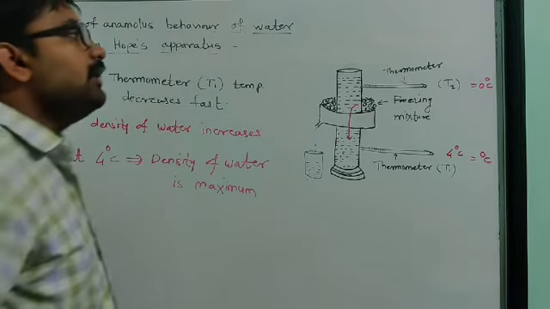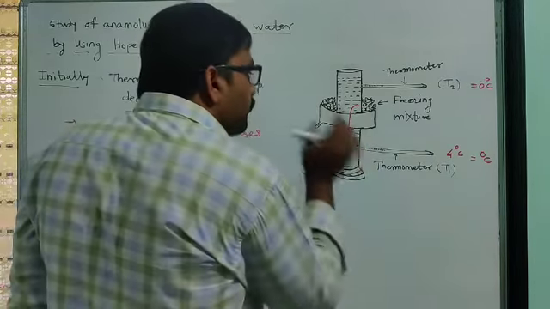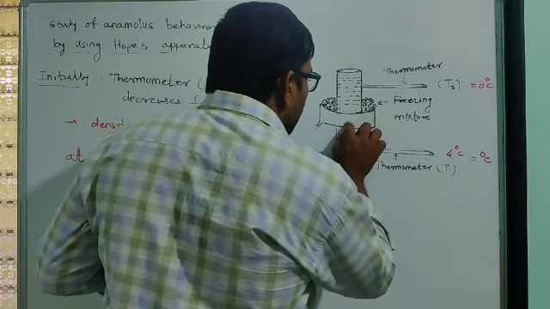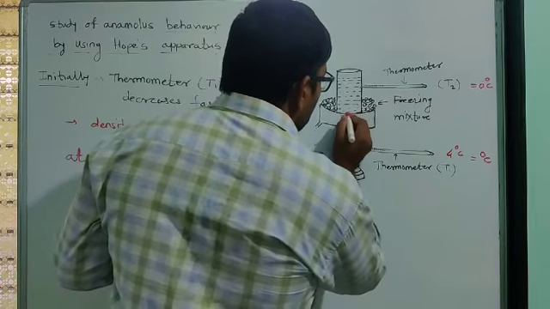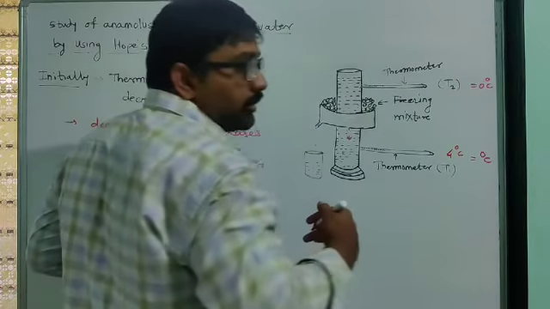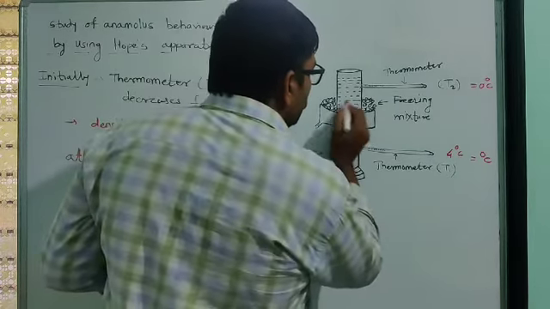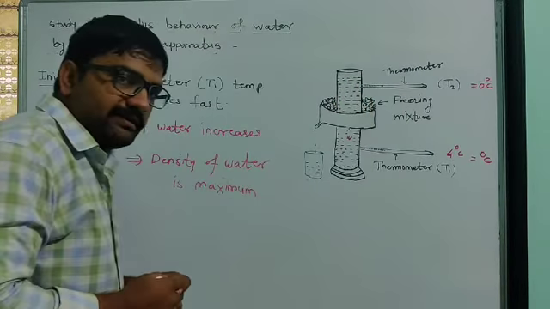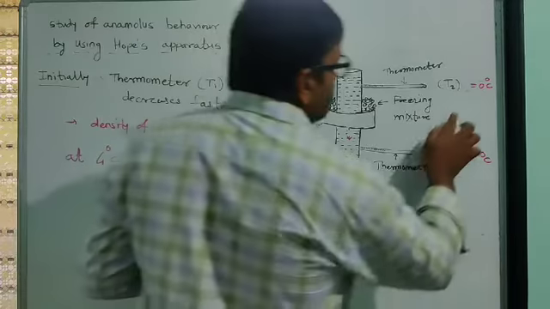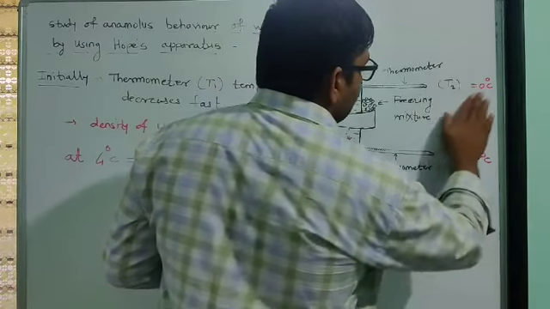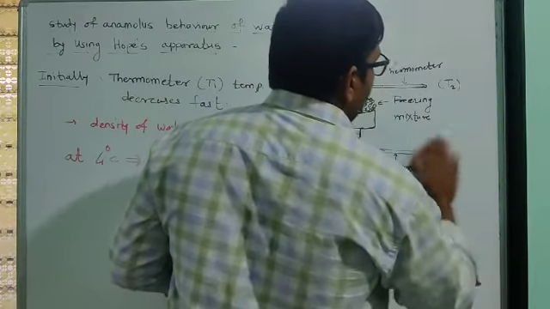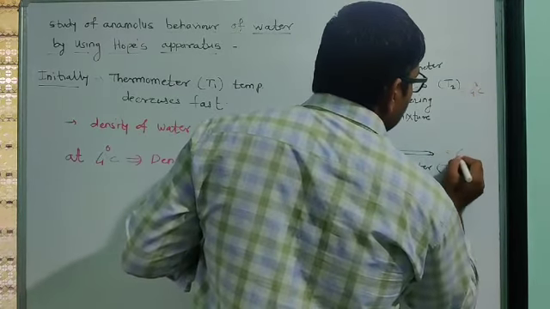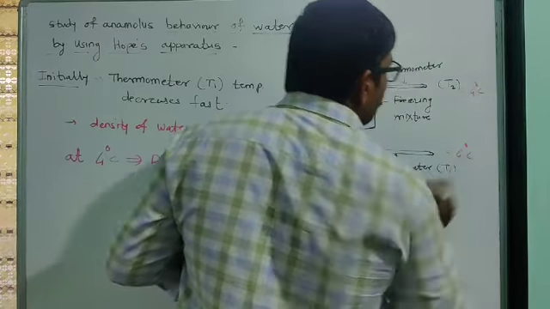Now as it becomes 4 degrees Celsius, the water present here will not move toward the downward side. Due to that, a temperature fall on the upper side takes place, so again it will reach 4 degrees Celsius. Now this is also at 4 degrees Celsius and this is also at 4 degrees Celsius.